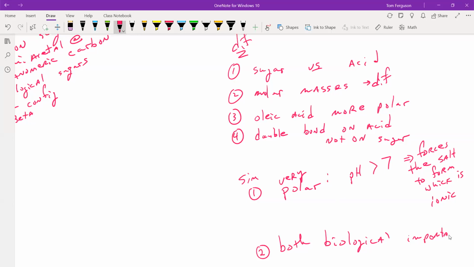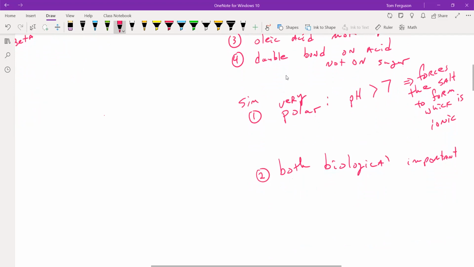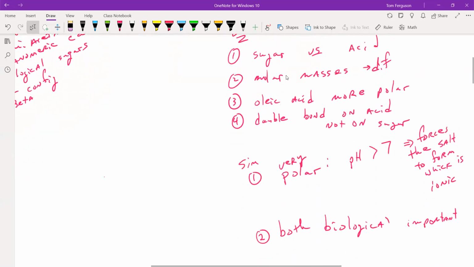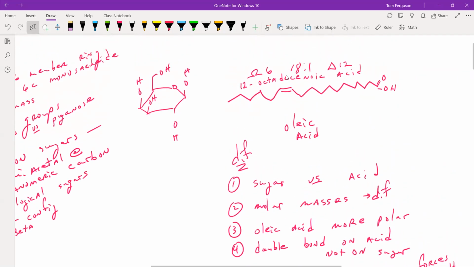Both are biologically important. Let's see what else. I mean, oleic acid and galactose are very, very different molecules.